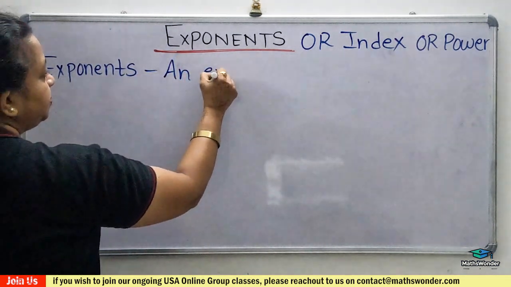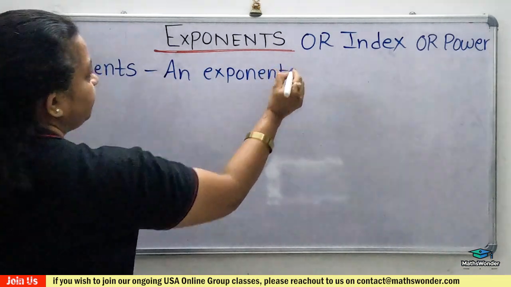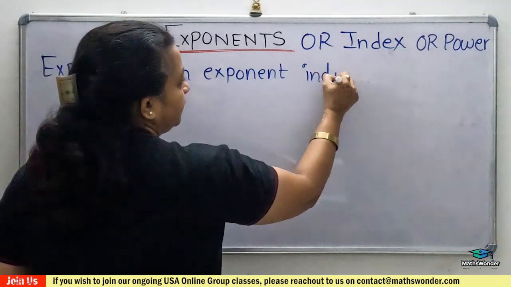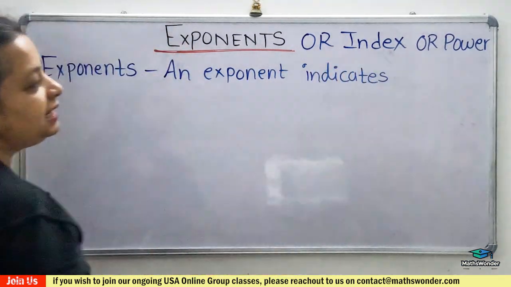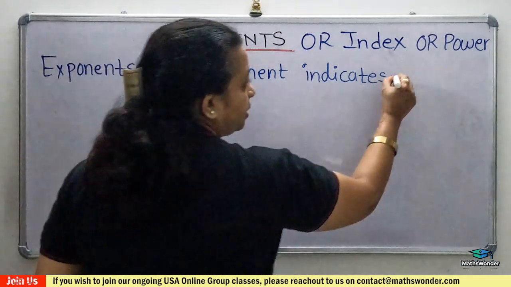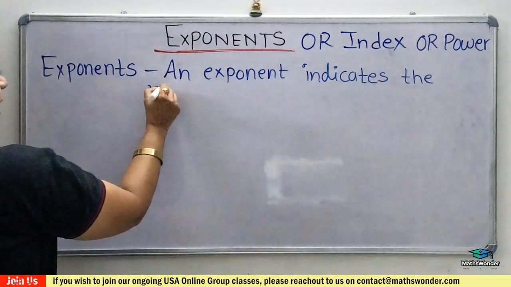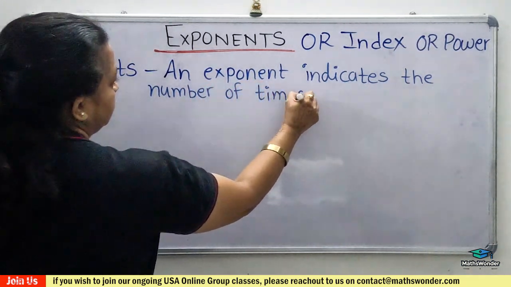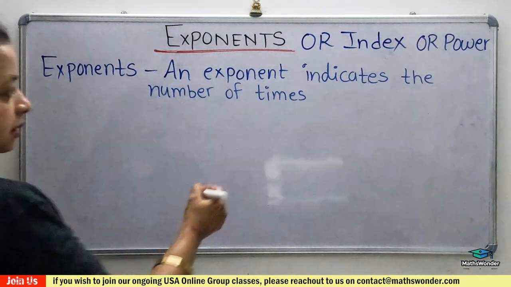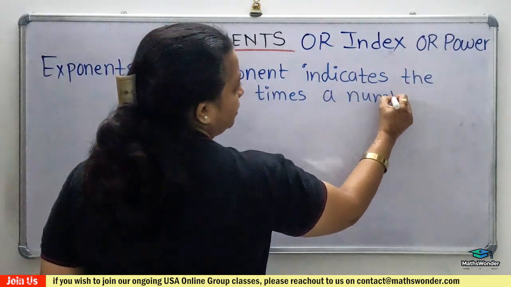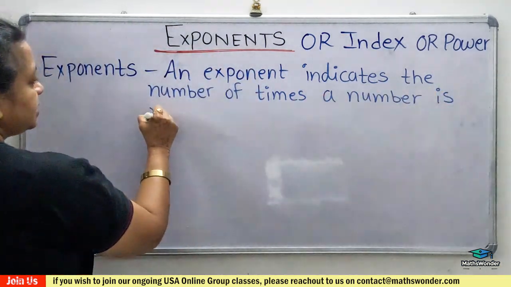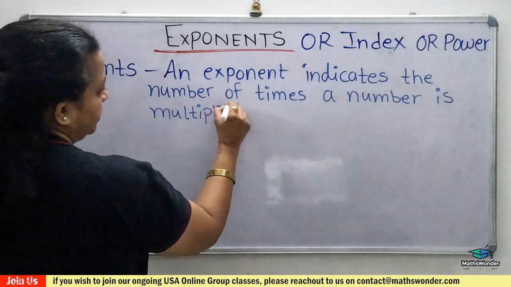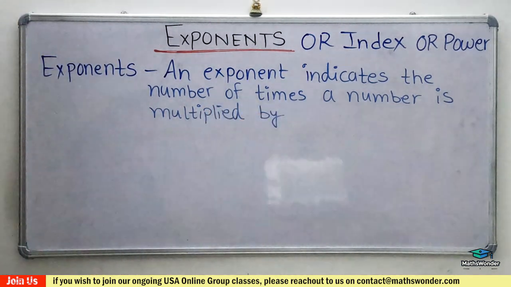So write down the basic definition: the exponent indicates the number of times a number is multiplied by itself.